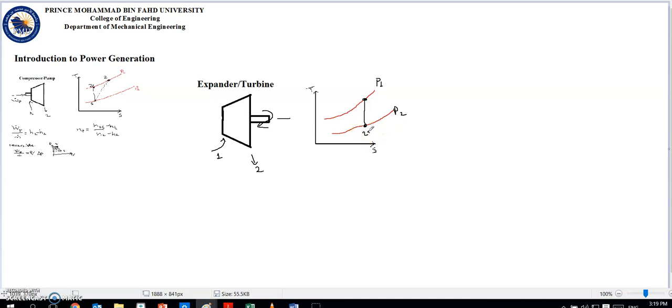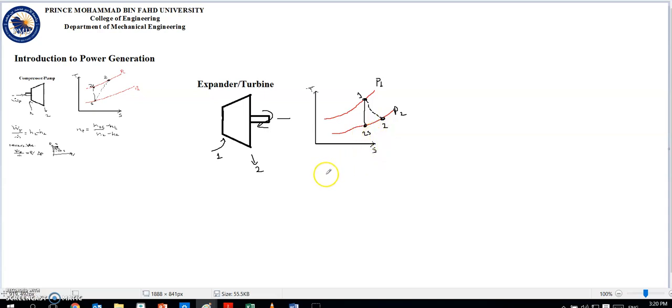But this is not very likely. We usually have irreversibilities, in which case we'll deviate from point 2s, and we're going to move sideways to point 2, generating some entropy in the process.